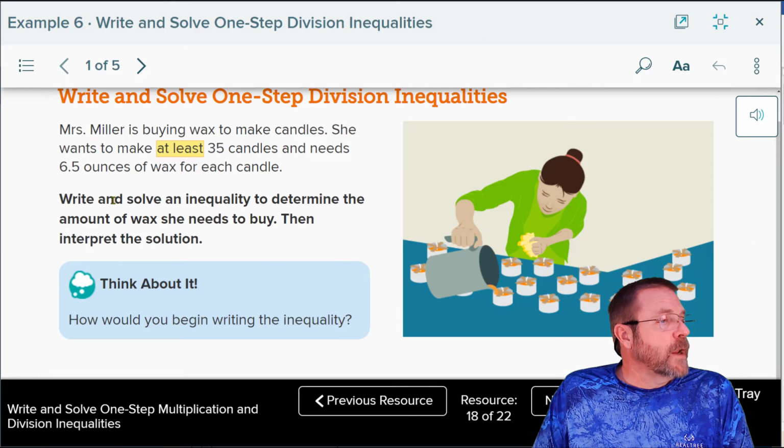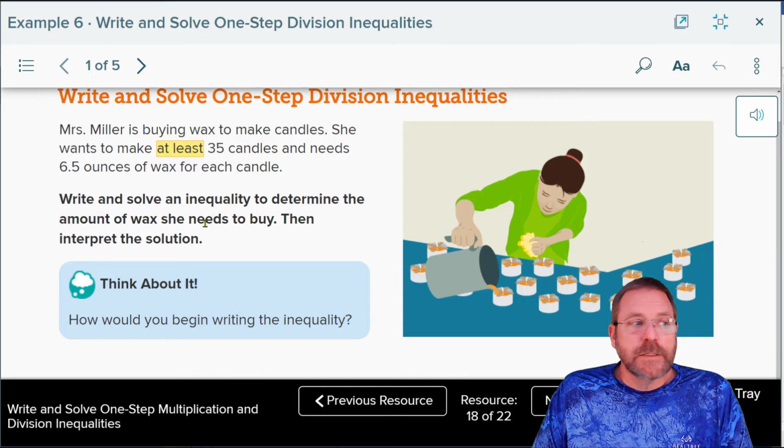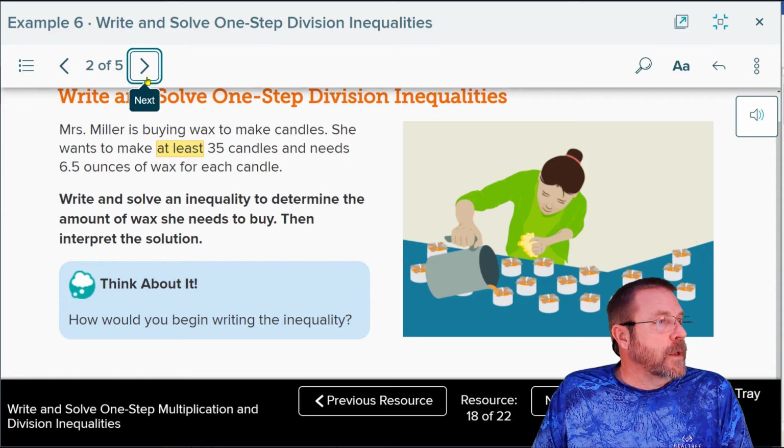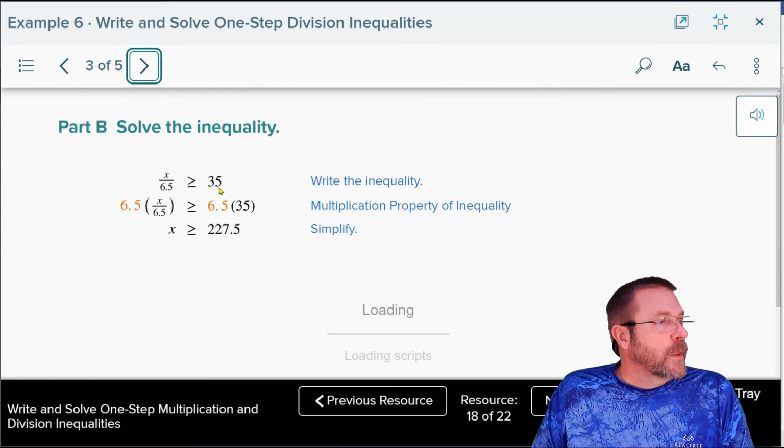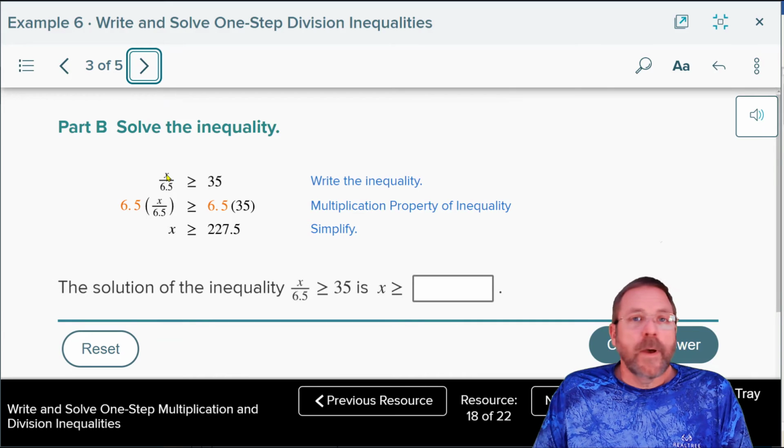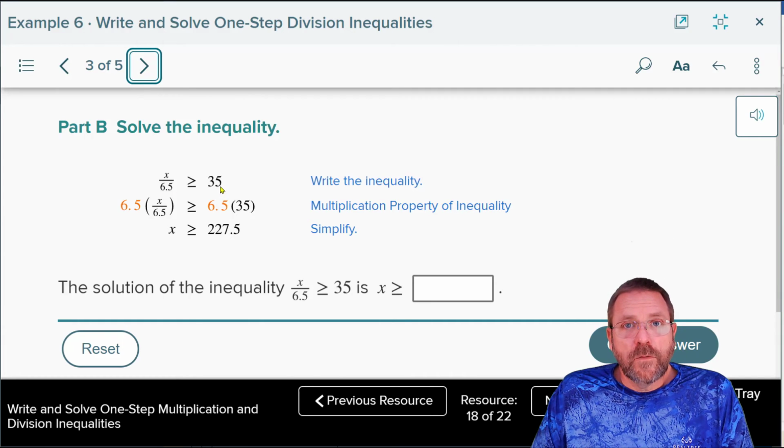So from there, write and solve an inequality to determine the amount of wax she needs in order to get the solution. So from there, lay out your inequality, where they said that the total amount of wax divided by the 6.5 ounces of wax in each candle, that number is going to be a value greater than or equal to the 35 candles she wants.